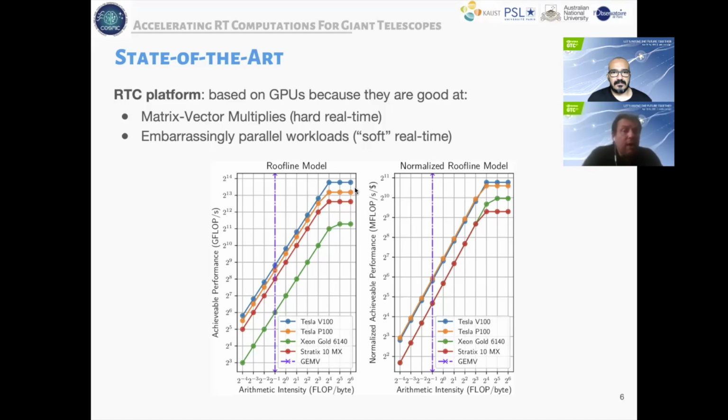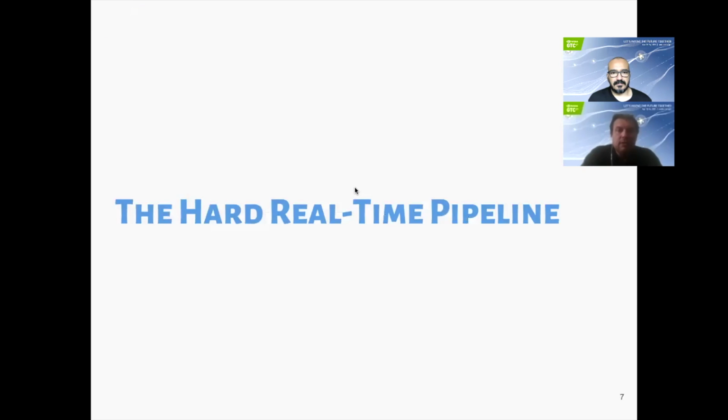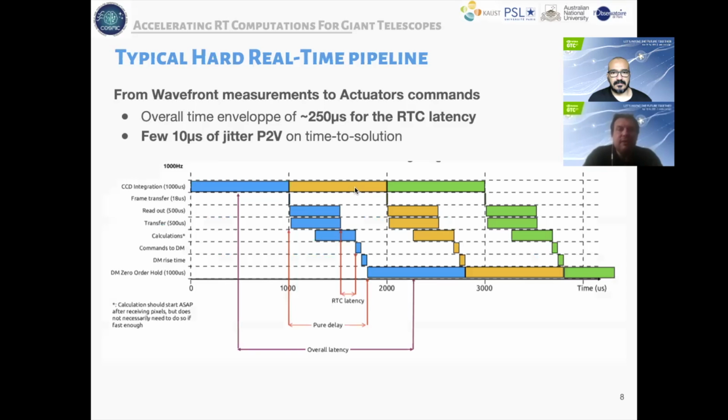And this is good for the hard real-time part. But they're also good for embarrassingly parallel workloads with thousands of threads running concurrently. And this is extremely good for the soft real-time part of our pipeline. So today we will go into these details and show you how this works in real time and how we plan to even improve the already exciting performance we are getting out of this system. So let me first concentrate on the hard real-time pipeline.